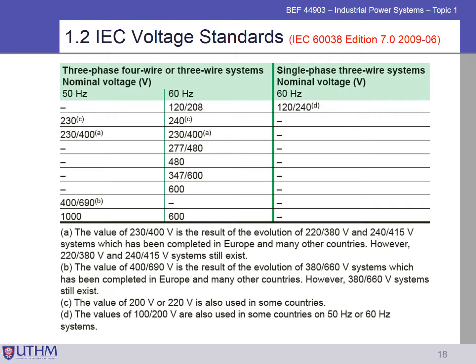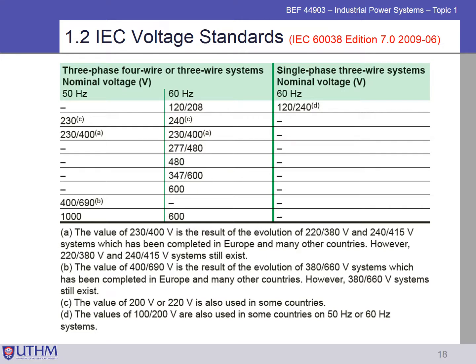Okay, this is the IEC voltage standard, which refers to IEC 60038 edition 7.0. We can see that there are two parts, which are the 3-phase 4-wire or 3-wire system. Nominal voltage usually uses 50 Hz or 60 Hz. And then we have the single phase 3-wire system, and the frequency is 60 Hz.